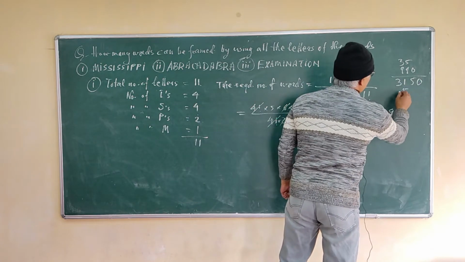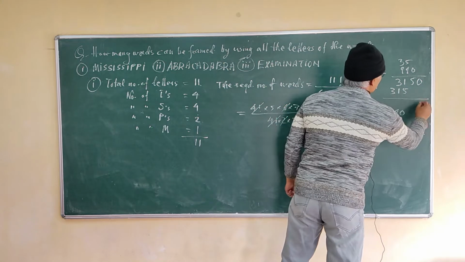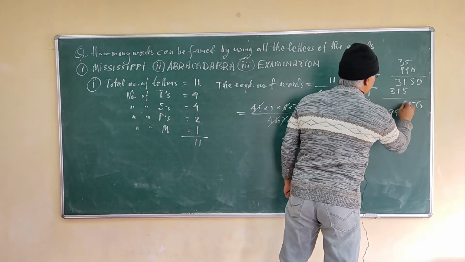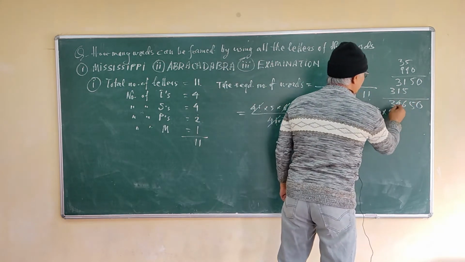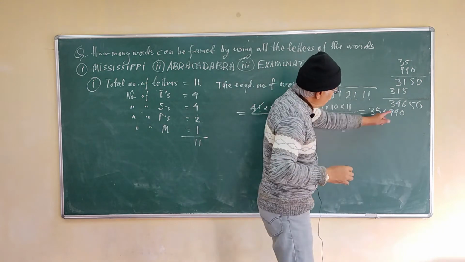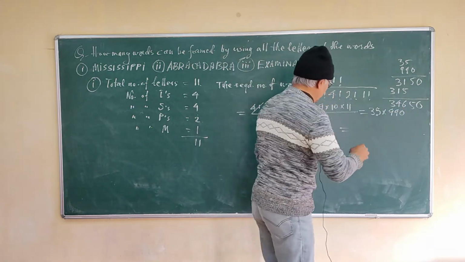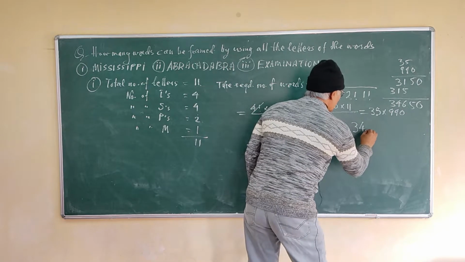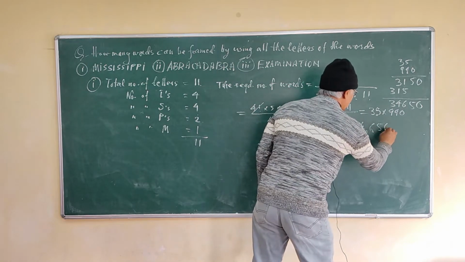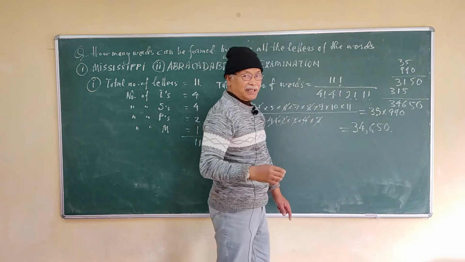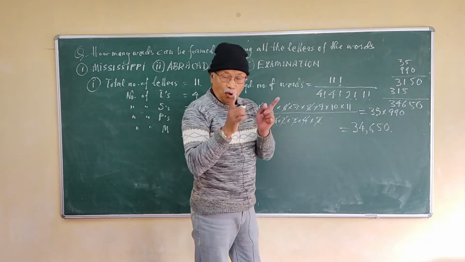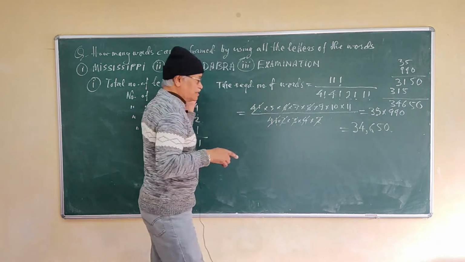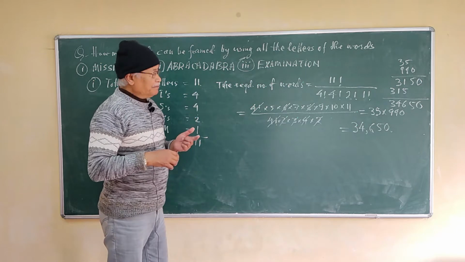So it will be 0, 5, 6, 4 and 3. So 34,650 number of words can be formed by using all the letters of the word Mississippi, right?